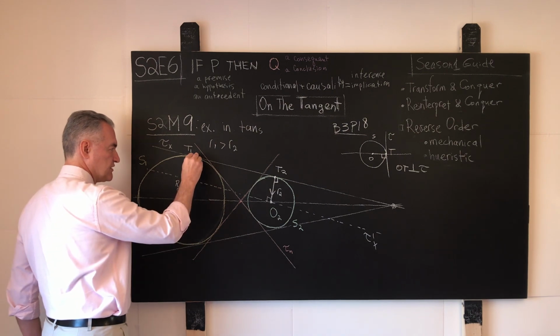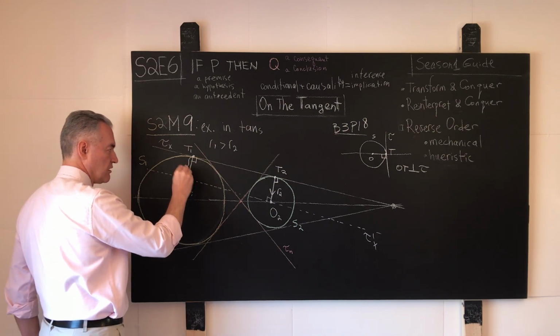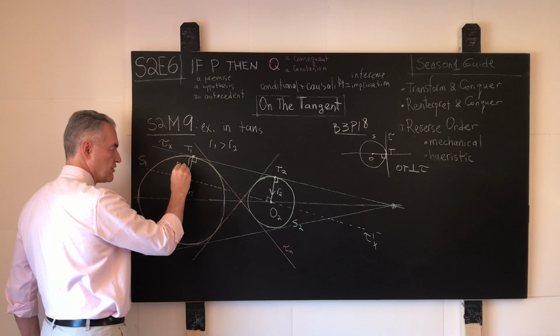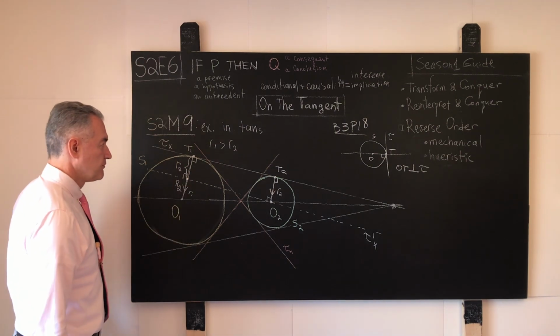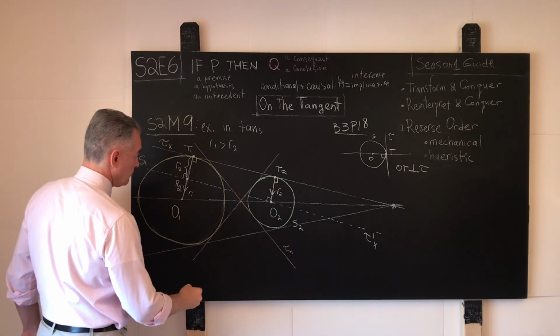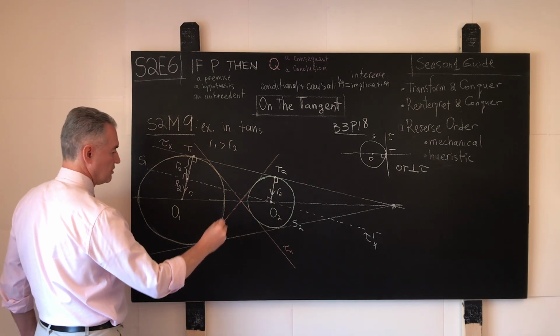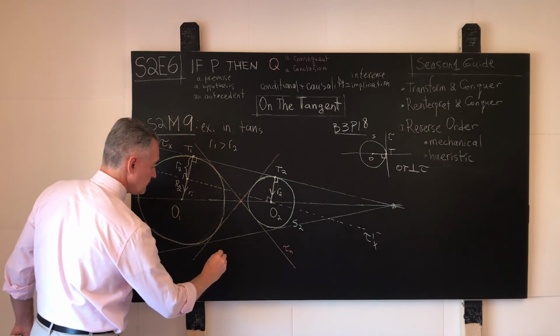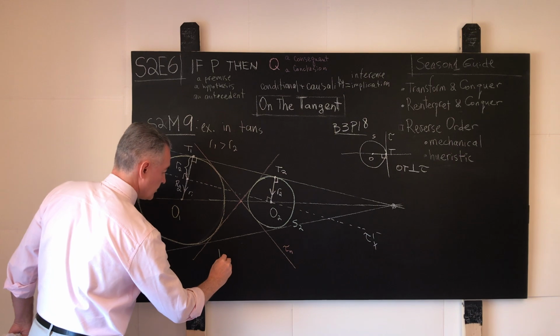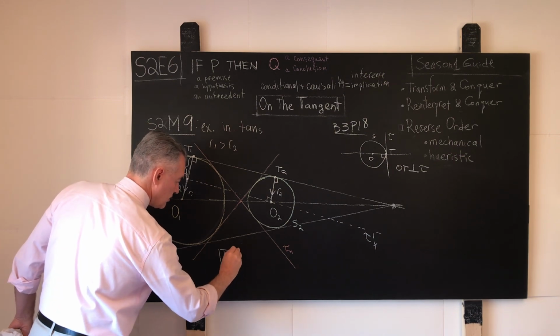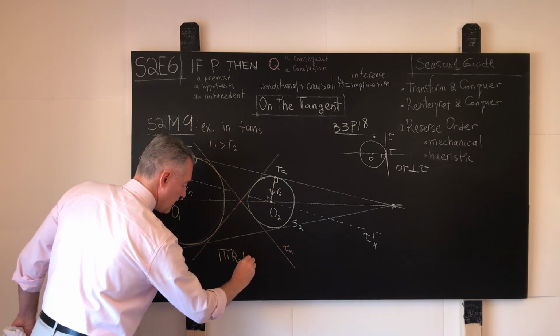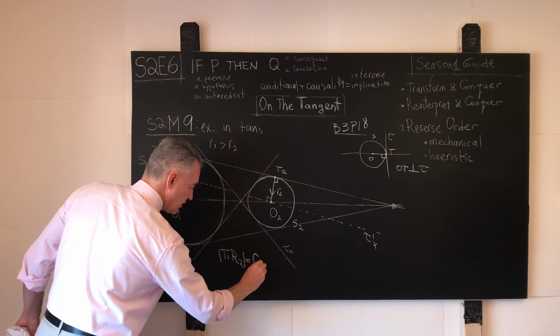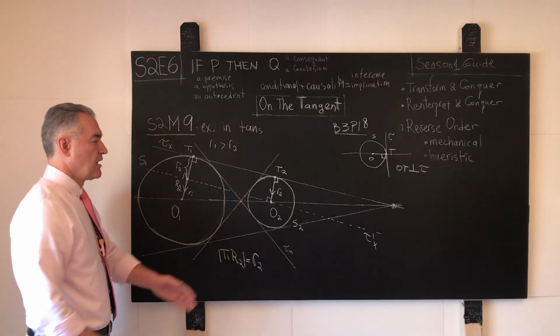In other words, this length right here will be the length of the radius R2. Let's write it down over here. So the length of the line segment T1R2 must be equal to the length of the radius R2.